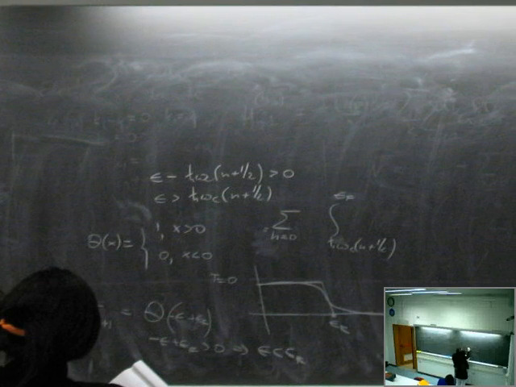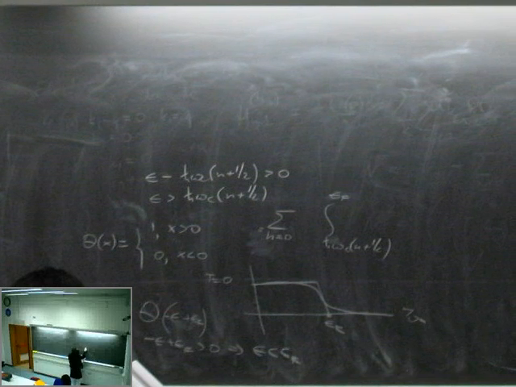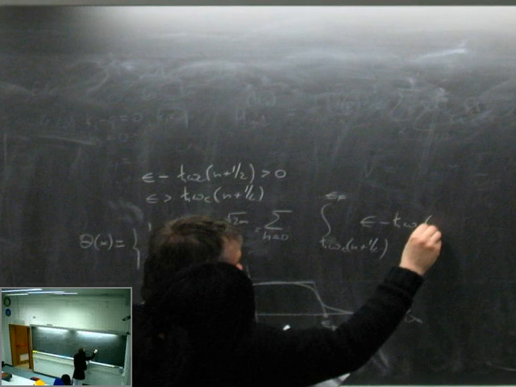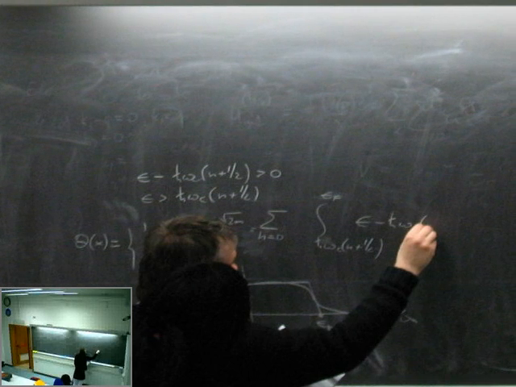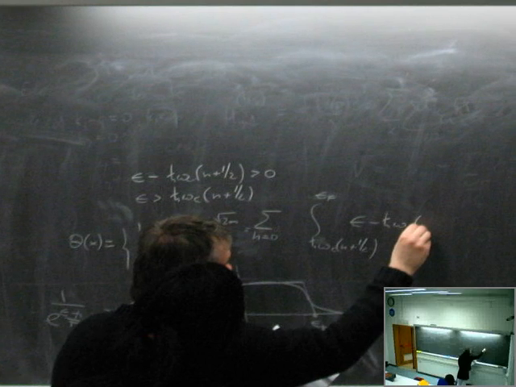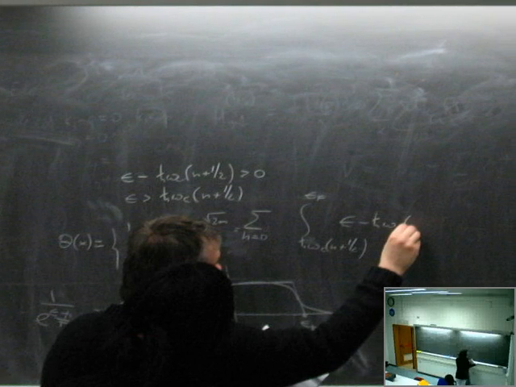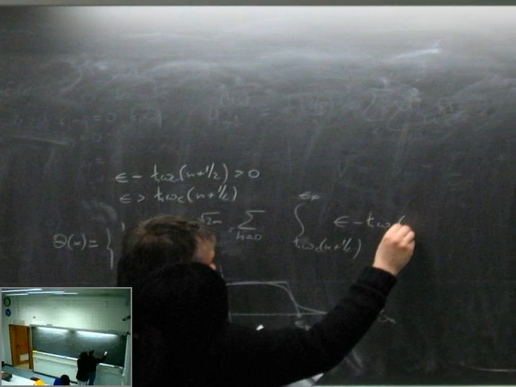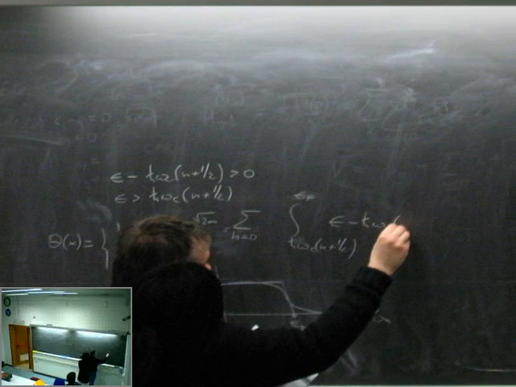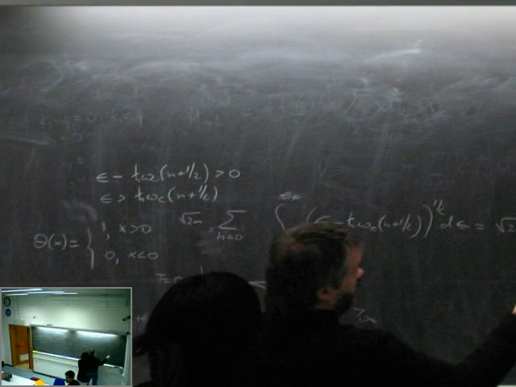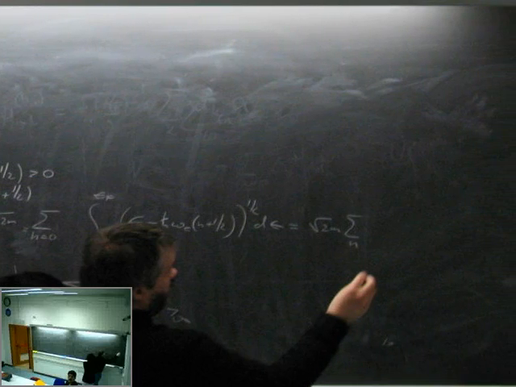So I put square root over 2n here: epsilon minus h omega c (n plus 1/2) to the power 1/2 d epsilon. So this integral, I continue. It's square root over 2n, sum over n. So it's 2/3 (epsilon minus h omega c (n plus 1/2)) to the power 3/2, right?